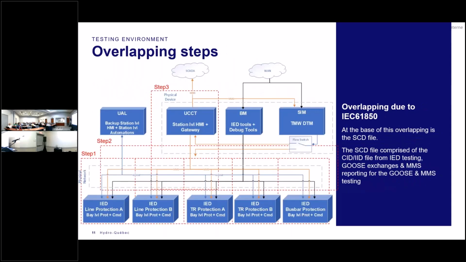The goal was to overlap across the different tests and have the same basis for that overlapping, which is the station SCD, meaning that based on the same file that was describing the system and imported in DTM, we were able to validate that the exchanges in that SCD file were creating the correct behavior on the IEDs by themselves, across the systems, and going outside the station to the SCADA across the gateway.